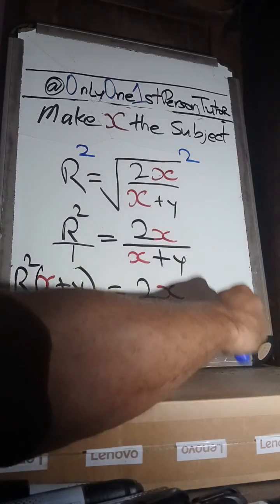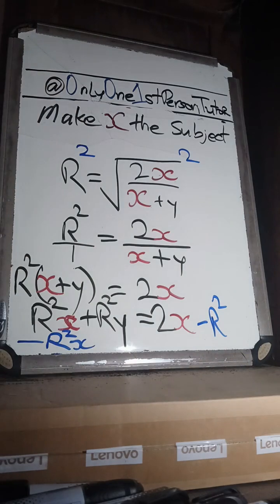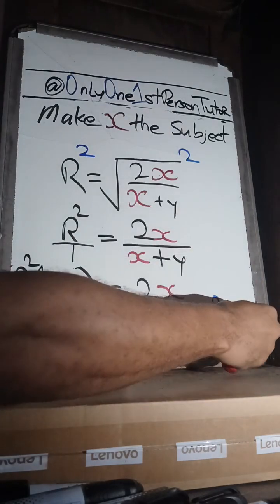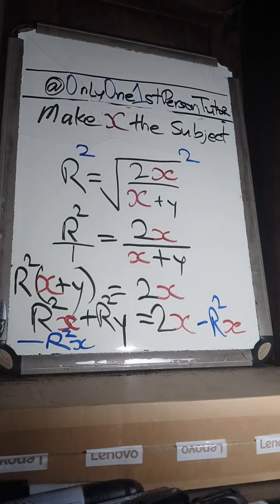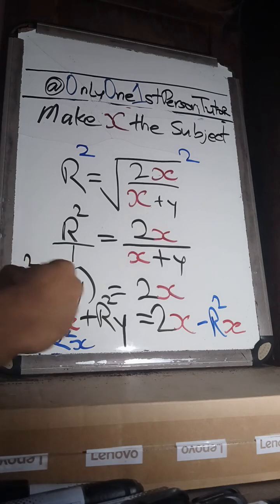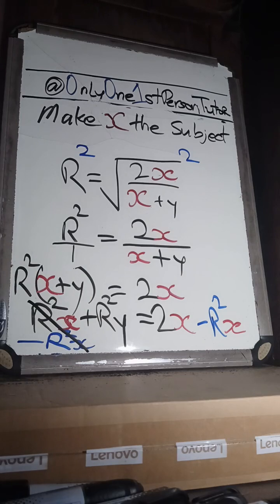Minus the r squared x from both sides. There we go. That's what I wanted.